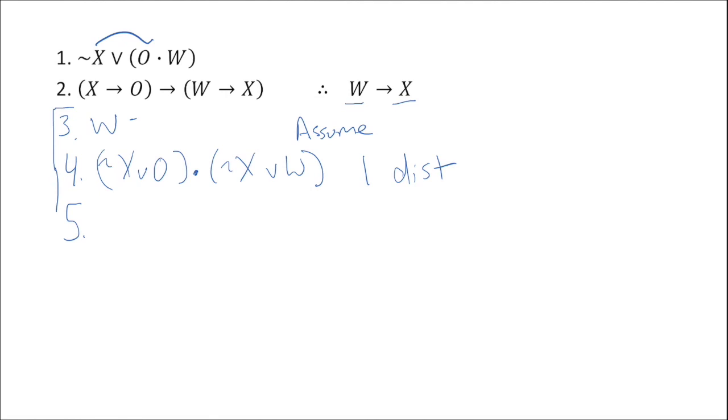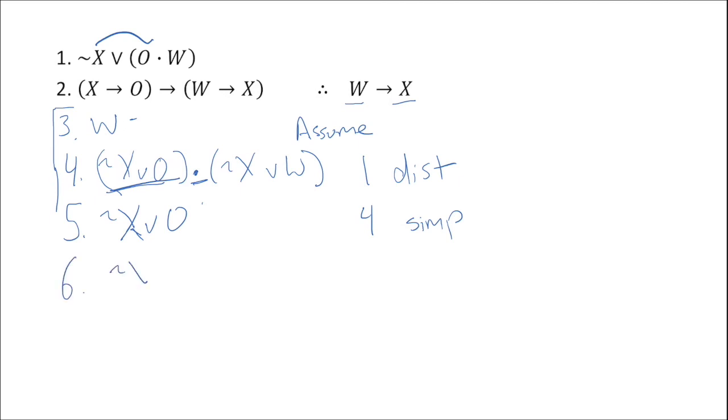So one thing I could try is simplification of this tilde X v O, and there's a reason why I took that one. And that's from 4 simplification. We had this conjunction and we just took this part of it.